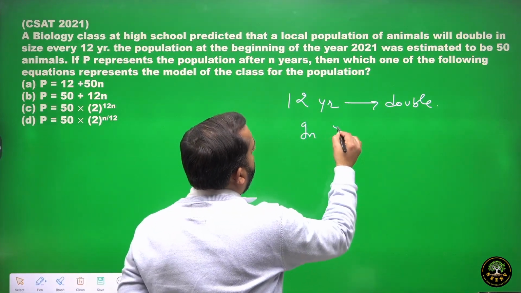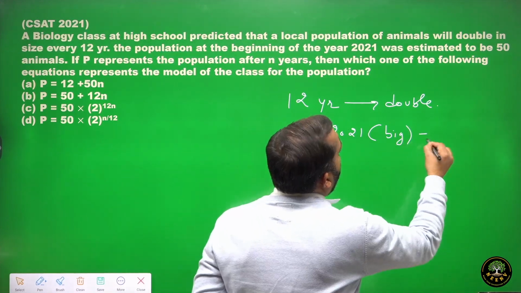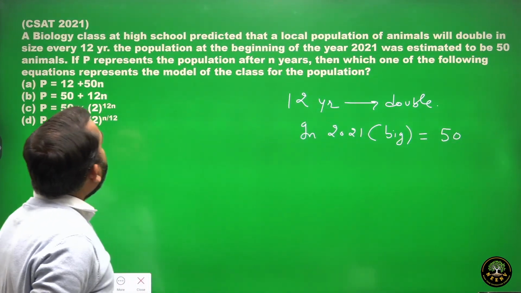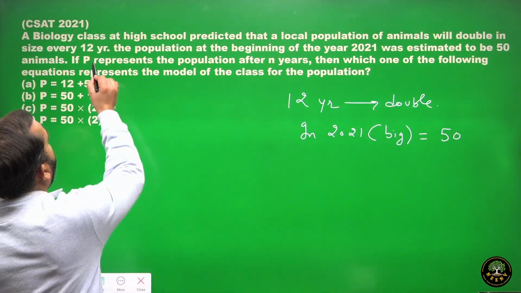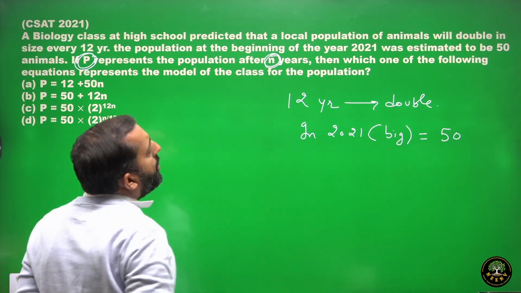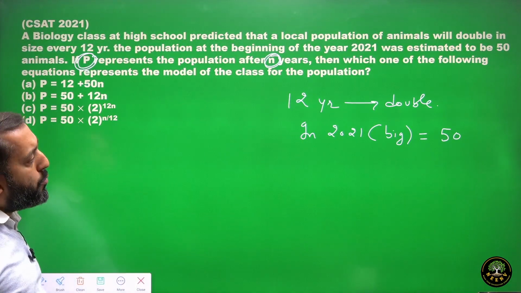In the beginning of 2021, the population was 50. If P represents the population after n years, P represents the population after what? n years.